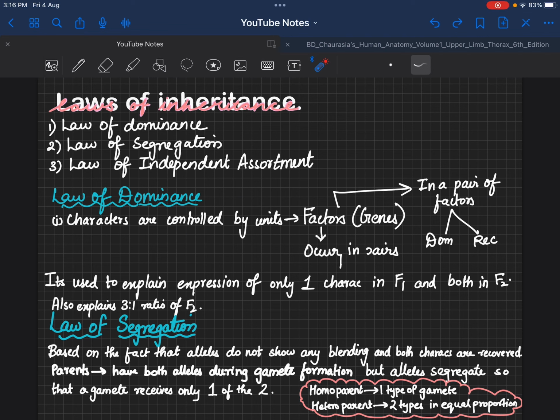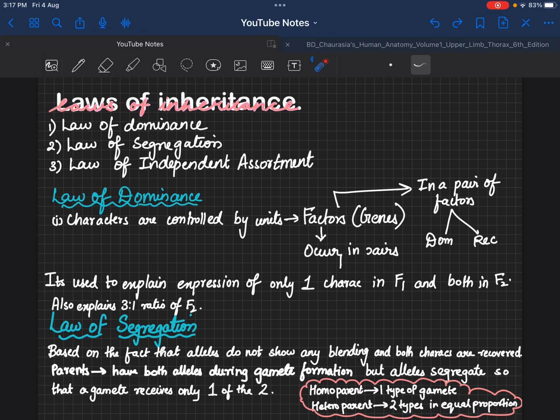There is only either dominant or recessive and both the characters are recovered like that. Parents have both alleles, but during gamete formation the alleles segregate so that a gamete can receive only one of the two. That is, we will have T and T both in the parents, but in the gamete only one will go, either big T or small t, so that there is no blending.